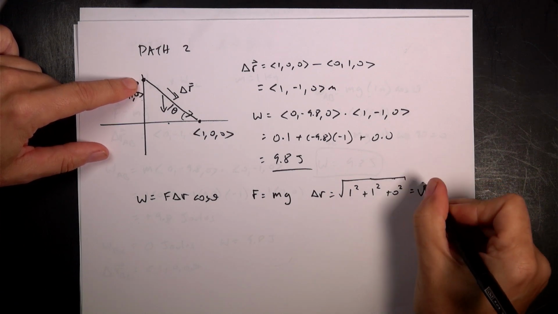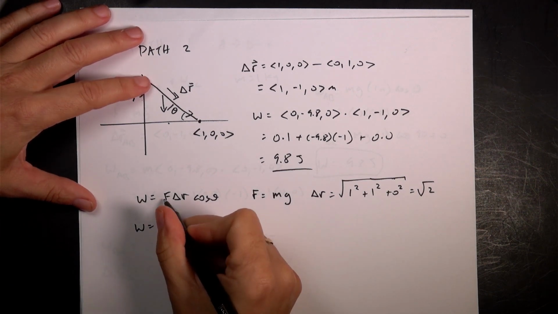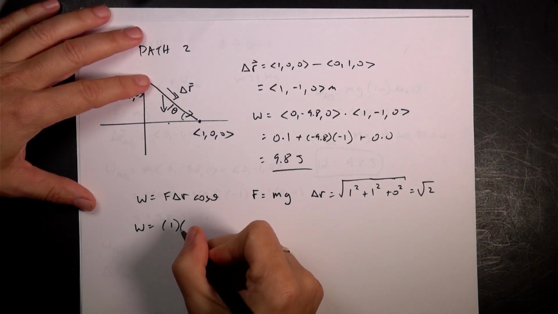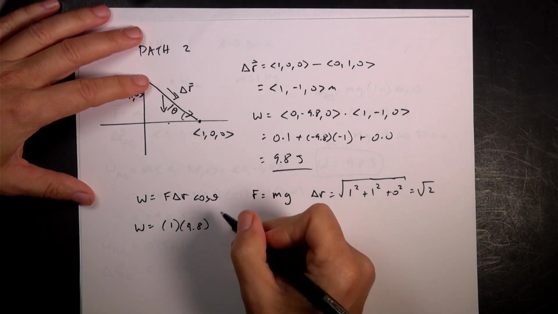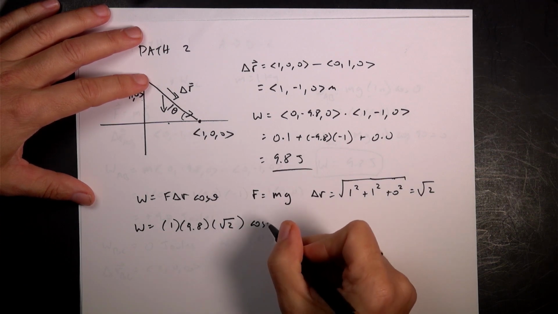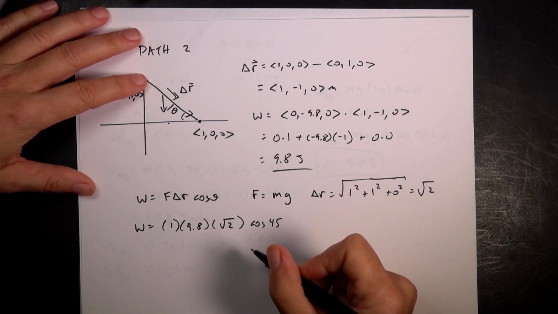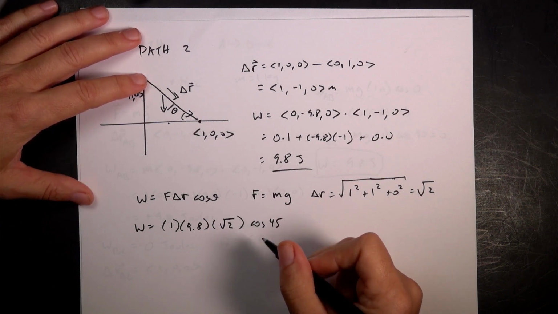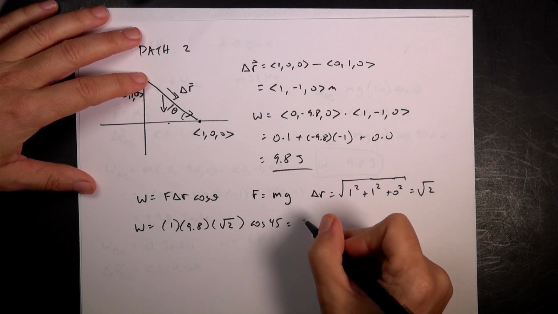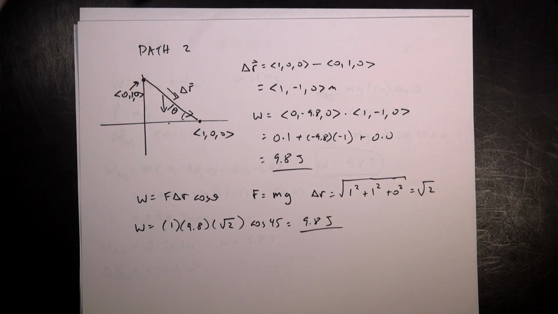So this is the square root of 2. Work is mg, which is 1 times 9.8, and these are positive numbers because I'm using the magnitude, times delta r, the square root of 2, times cosine of 45. The cosine of 45 is 1 over the square root of 2. If you don't trust me, you can put that in your calculator. So I get 9.8 joules. So work path 1, work path 2, the same thing.